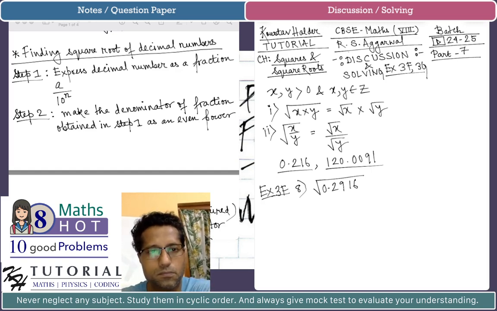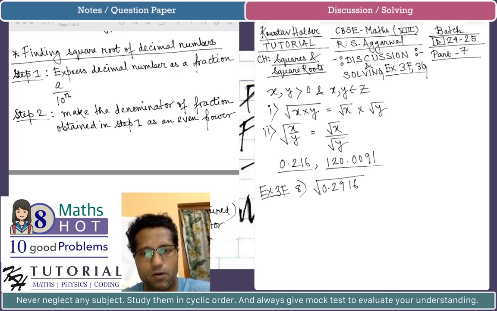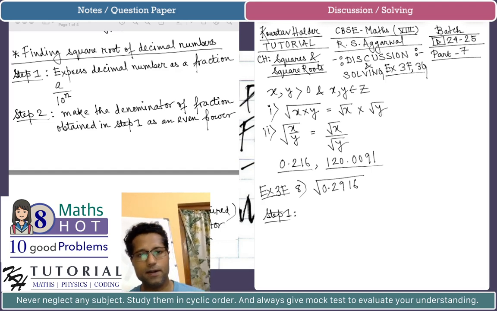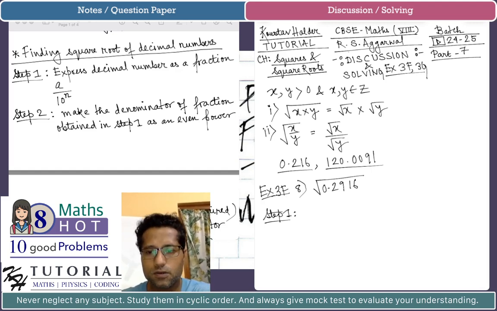We know that when we convert a decimal number to a fraction, the denominator is always a power of 10. So, express the decimal number as a fraction a by 10 to the power n. I'm writing the step so that it will be easy to correlate the notes and the solving. The given number is 0.2916.